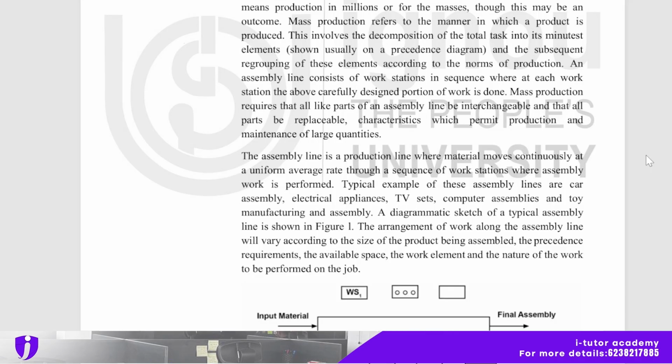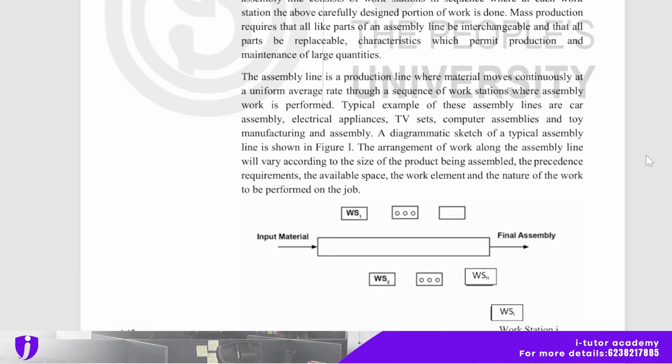An assembly line consists of workstations in sequence where at each workstation a carefully designed portion of work is done, and mass production requires that all parts of an assembly line be interchangeable, and that all parts be replaceable, with characteristics which permit production and maintenance of large quantities.